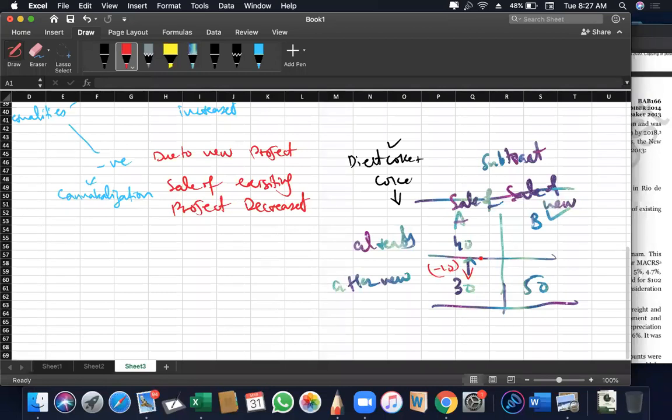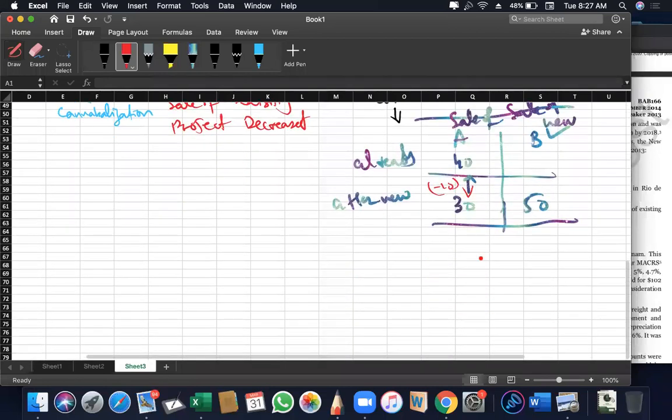Because this new product is launched, the sale of the existing product has decreased by 10. So the sale of the new product is 50 minus 10, actually the new product sale is 40, because it has eaten 10 sales of the already existing product, so we have to treat it.